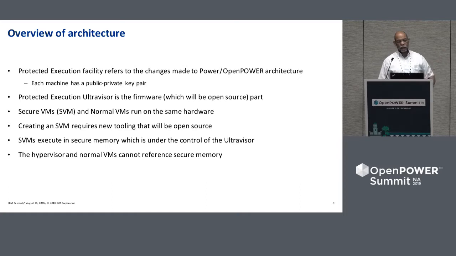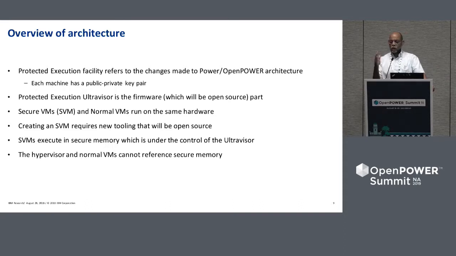So the Protected Execution term refers to the changes made to Power and OpenPOWER architecture, where each machine has a public-private key pair. They get the new firmware. We have these things we call secure virtual machines. To create a secure virtual machine, you start with a normal virtual machine and run some tooling that will also be open source and does the conversion for you. Secure virtual machines execute in secure memory, which is under the control of the Ultravisor.